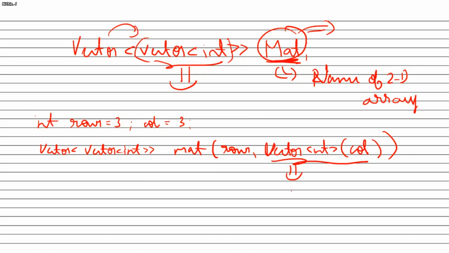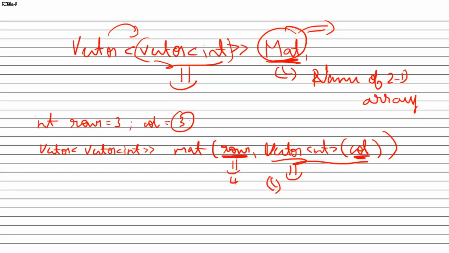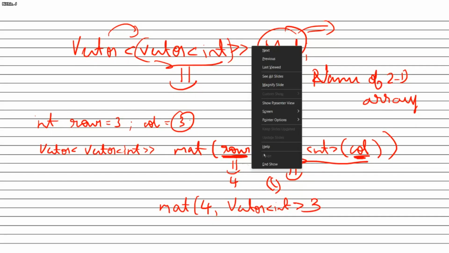We are making a 2D vector where the number of columns present in this vector is actually this call, which we have assigned as 3, and this represents the number of rows, that is 4. So basically it boils down to this. Sorry, this is actually 3.